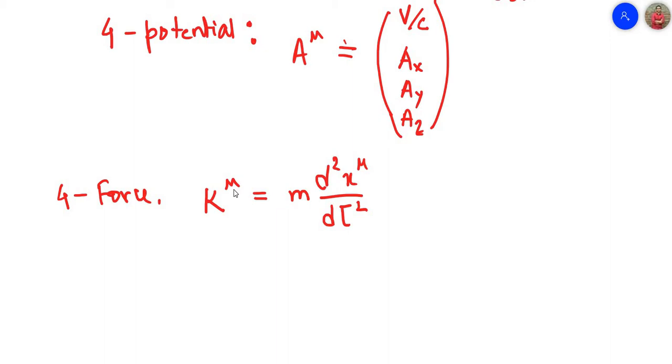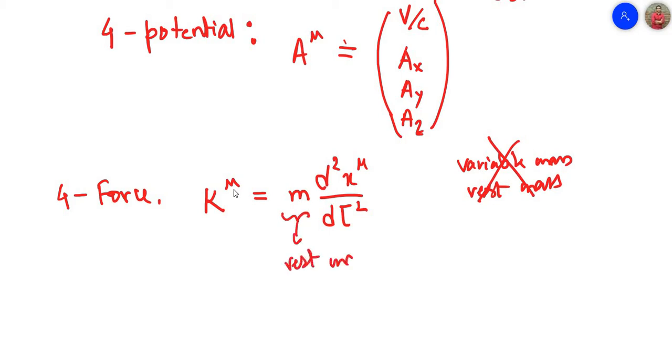One is the variable mass, and the other is the rest mass. We will not distinguish mass in these two ways. There is only one kind of mass, which is in the old literature known as the rest mass, and this doesn't change when we change the frame of reference.